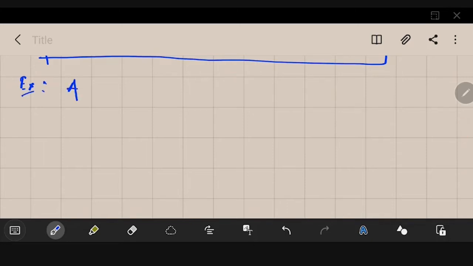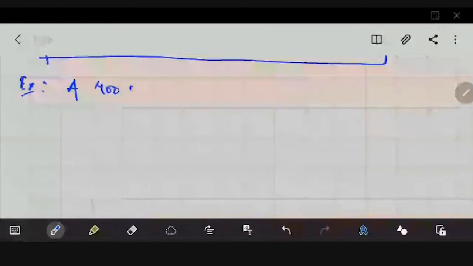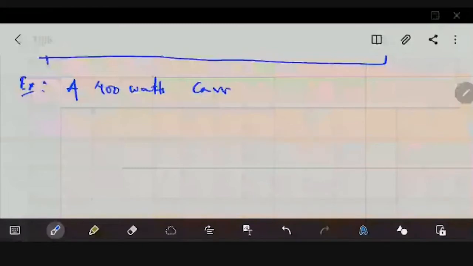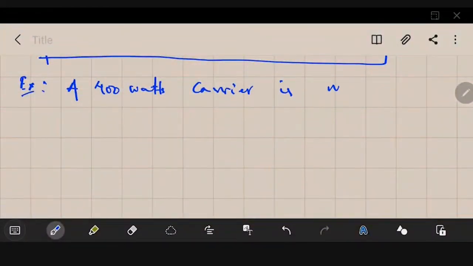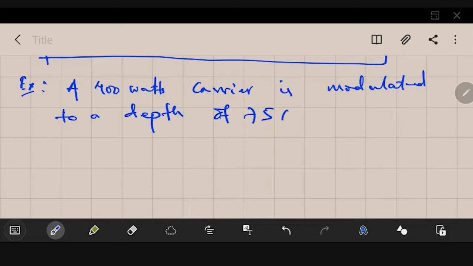Question is like this: a 400 watts carrier is modulated to a depth of 75%. Find the total power in the AM wave.